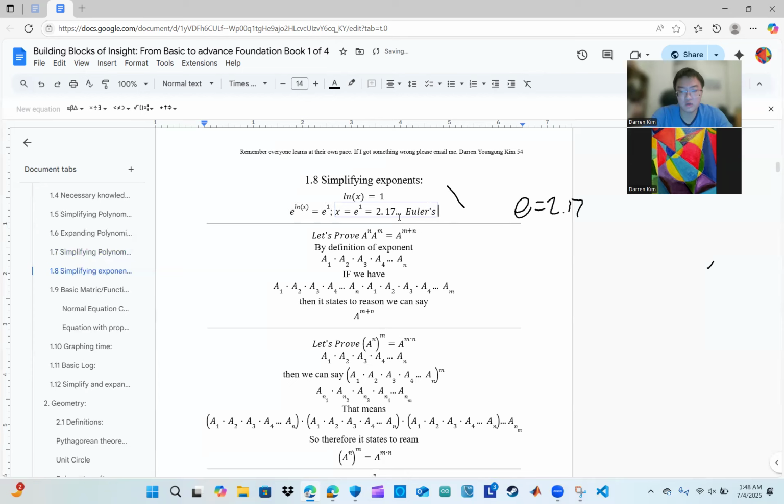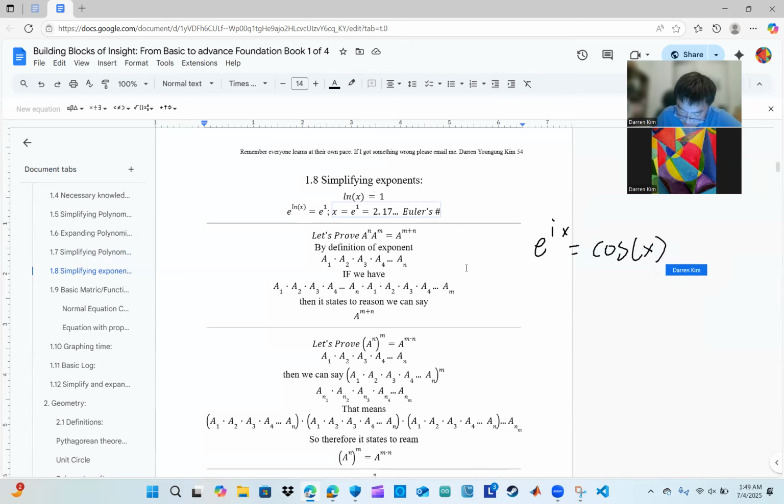Euler's number. Euler's number is special because of the property of it having a lot of weird limits go to it, first of all. And you can show this off, which shows that every single cosine and sine is actually an imaginary thing, has imaginary numbers in it.